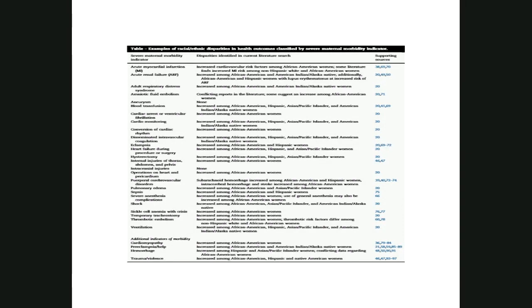As you look at a lot of these indicators, such as acute MI, renal failure, amniotic fluid embolism, cardiac monitoring, DIC, for all of those indicators, almost every study in the lit review showed there was an increased risk among African American women.